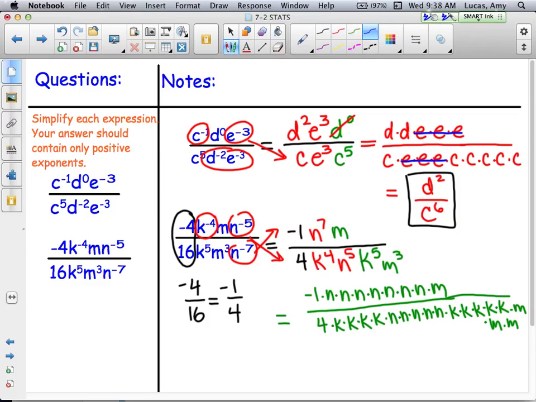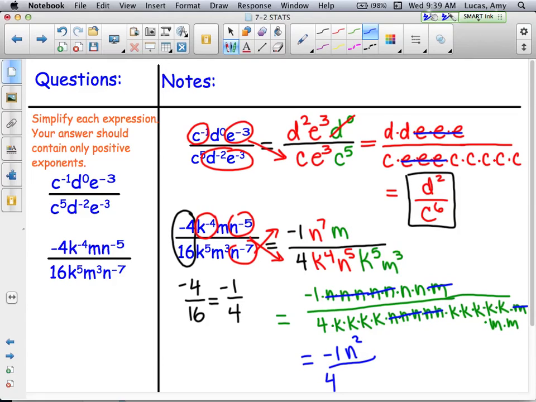Let's see, an M here and an M here. And 1, 2, 3, 3, 2 more, 2 more. Okay, that's it. So my final answer, on the top I have negative 1 N squared.